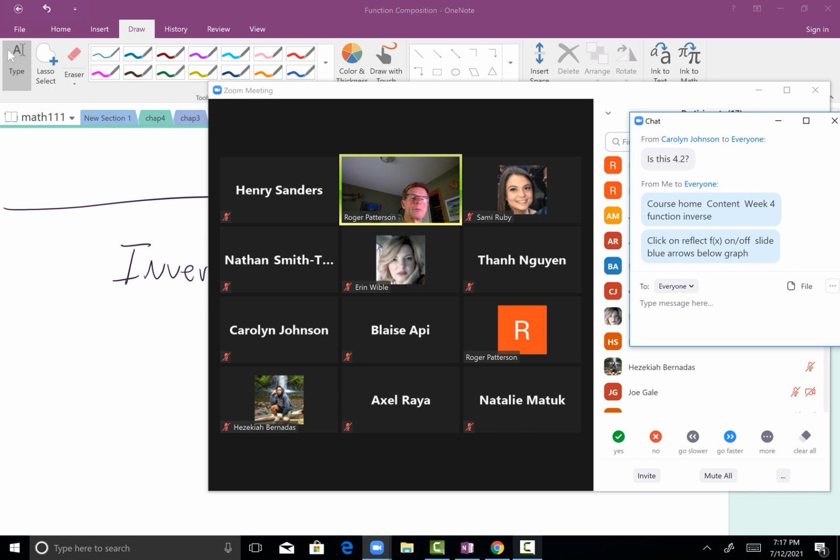Okay. So hopefully you got a chance to play with that just a little tiny bit. All right. So let's see what's happening here. How is the green graph related to the blue graph? Can someone give me some ideas on that? How are they related?